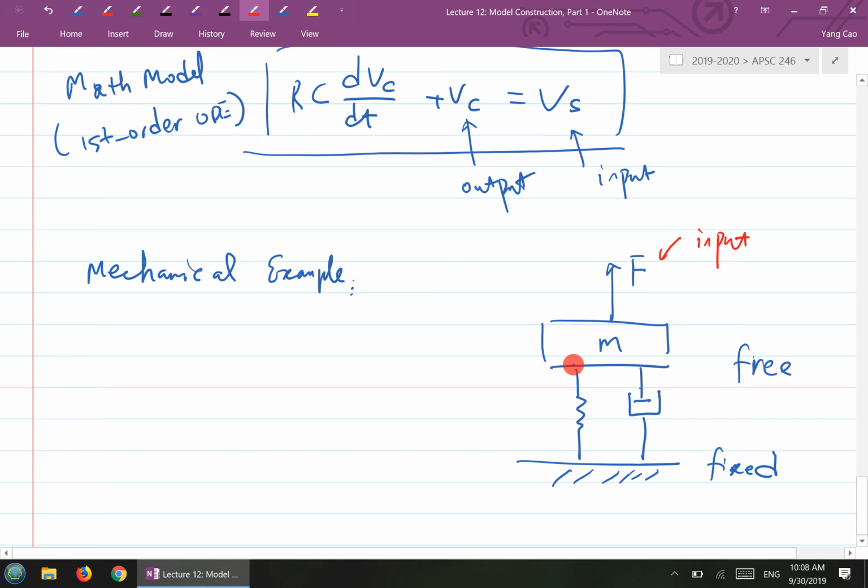The motion of the mass, which we'll denote as X, will be the output. And this x, as we did for the individual models, is the displacement with respect to equilibrium.